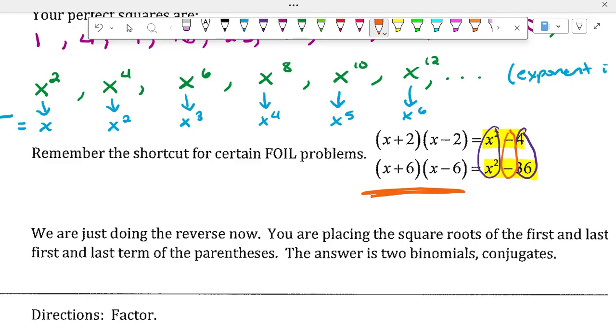What do you notice about the foiling or the factoring? What do you notice about how those two binomials are factored? Let's look at this first one. We have x squared minus 4, and it's factored as x plus 2, x minus 2. What do you notice about the way it's factored?